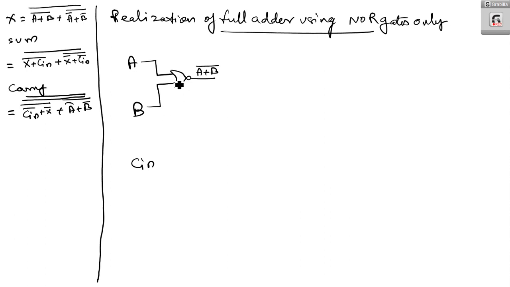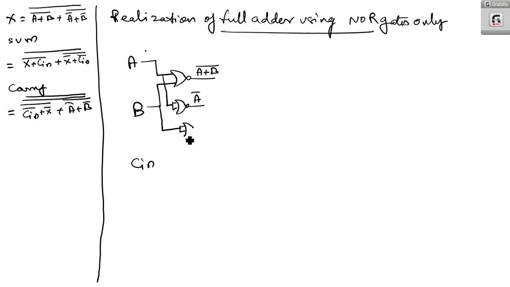Next one is A bar or B bar, so here you need to take A bar as well as B bar. So take the two inputs. Here you get A bar. Again here you take a NOR gate.